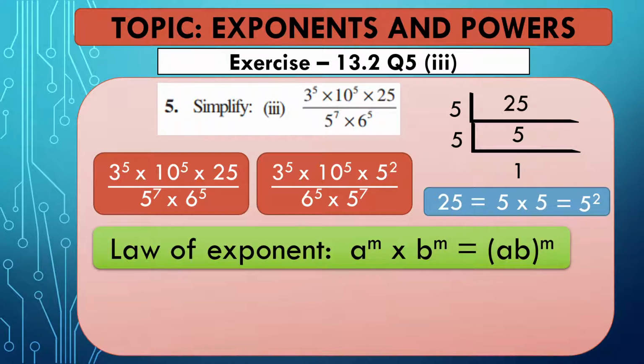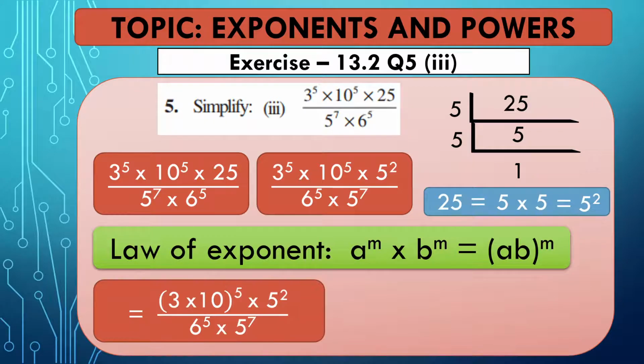Now we will apply the law of exponent. a to the power of m into b to the power of m is equal to ab to the power of m. That is, when the powers are same, bases are different, we will multiply the bases.